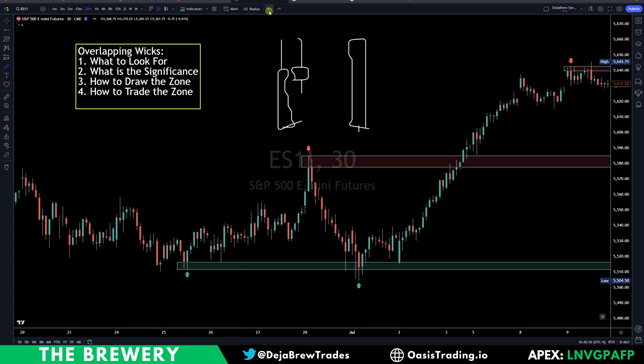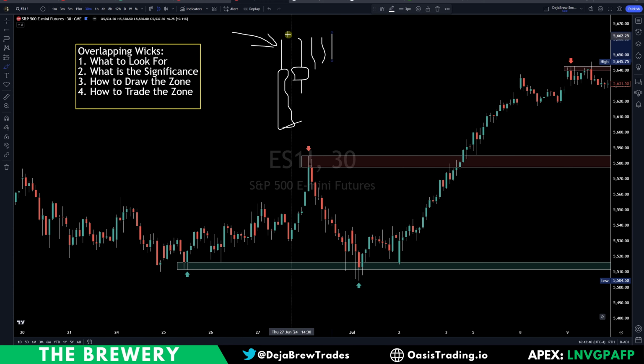But when you see these candles with these long upper wicks, they can show signs of weakness. The buyers are looking for higher value, but they are struggling to close that candle on the high, okay? So when we see that candle struggling to close on the high, and then we see confirmation on one or more, this could be like 3 or 4 or even more overlapping wicks.